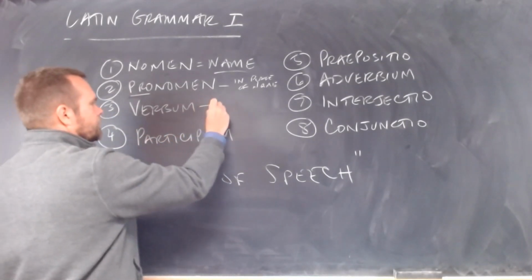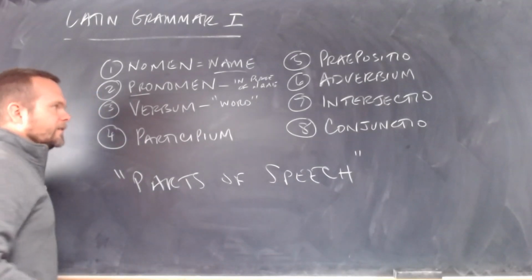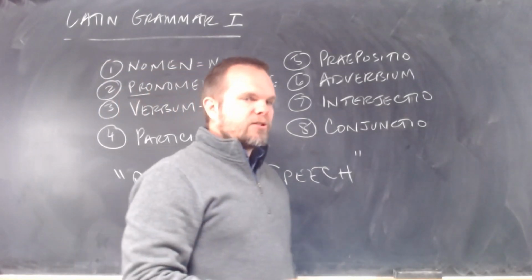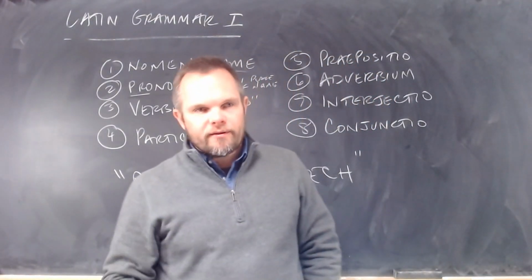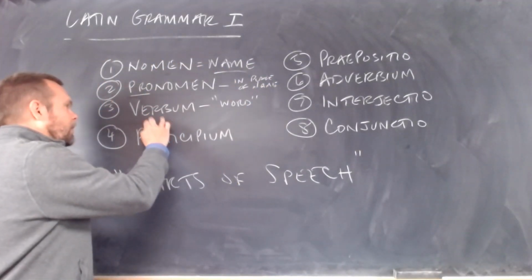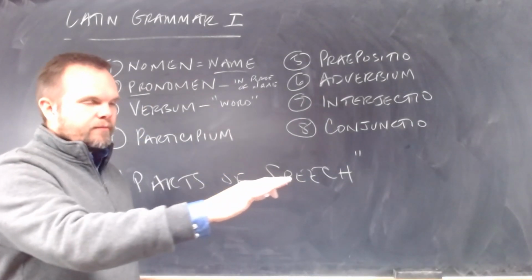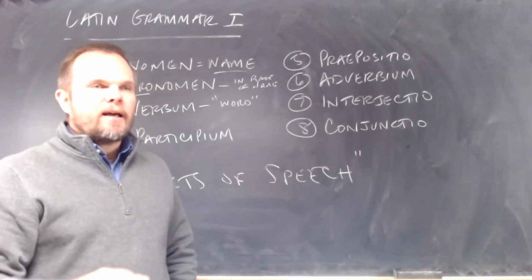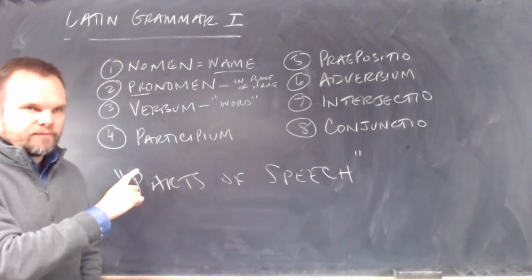Verbum, strangely, just means word. And that's strange because we have a class of words that's named word. The reason why this part of speech, this class is called the word, is because sentences are made of words, and you cannot make a sentence without this kind of word.